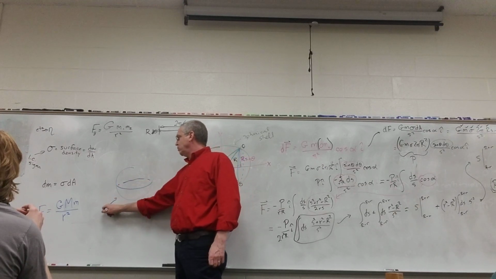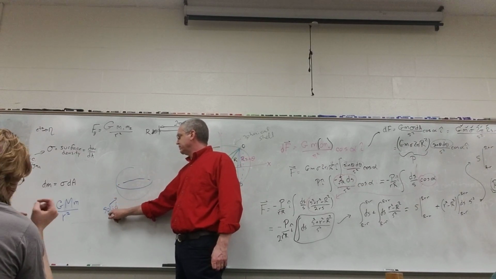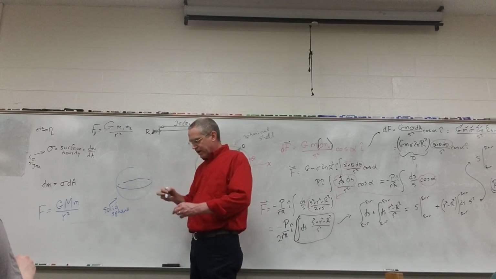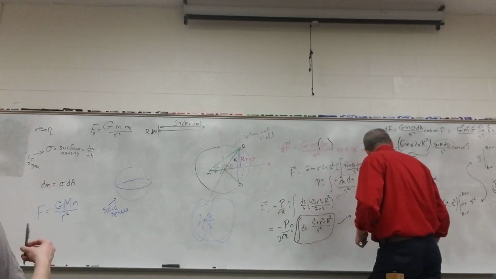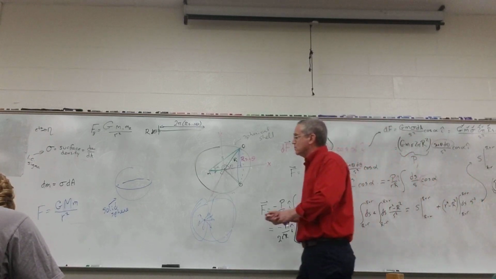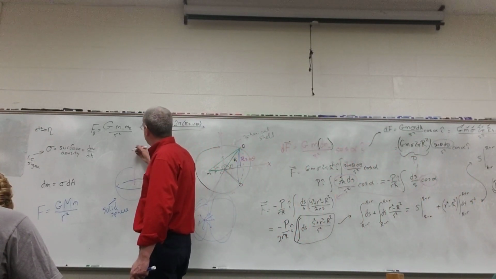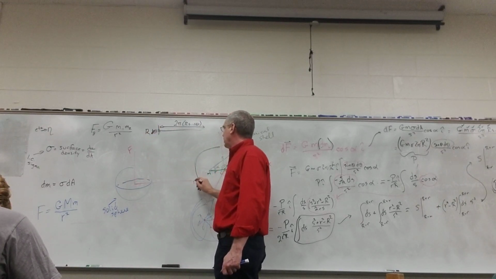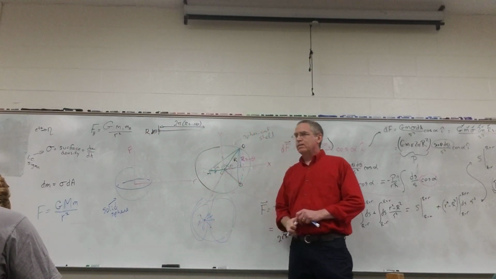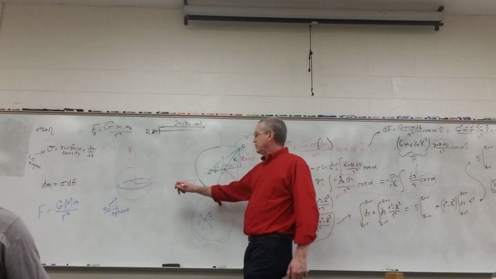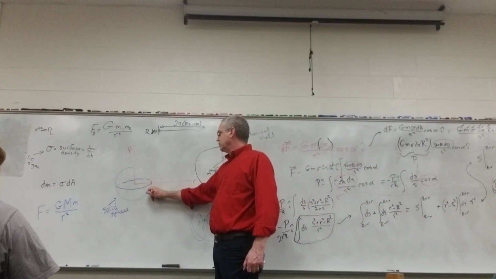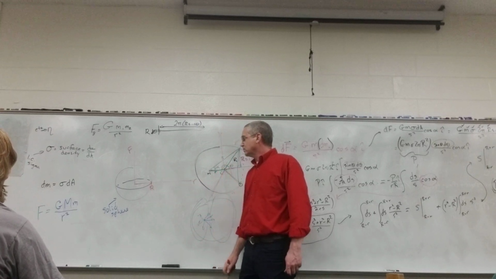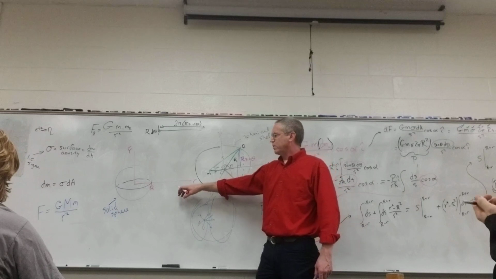So now back to what I started with, a solid sphere. I'm going to set up my coordinate system here. So this will be force and R. This is the point where little r, the distance between the two masses, is equal to the radius of the sphere.